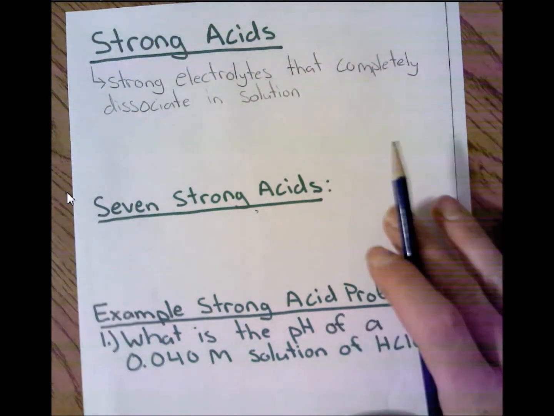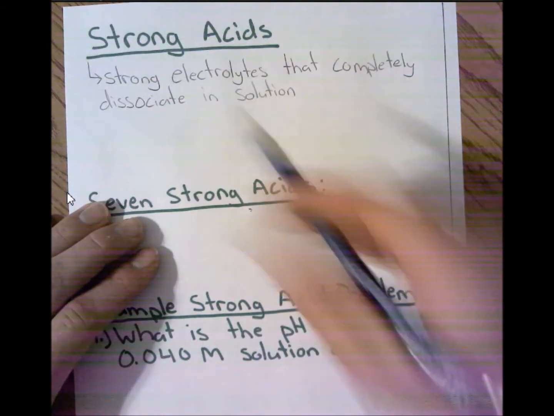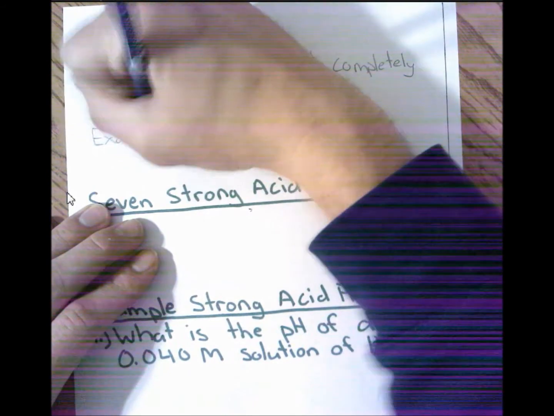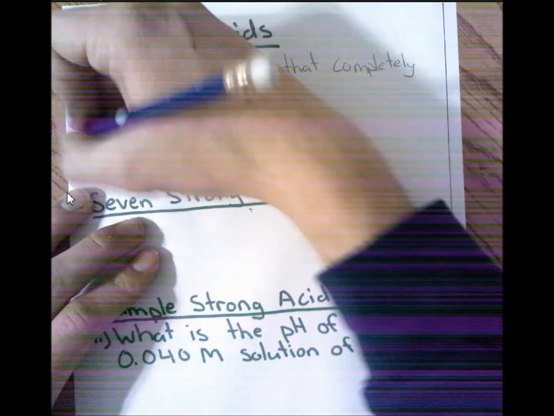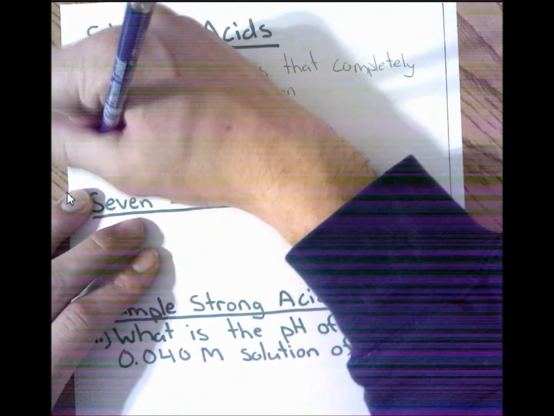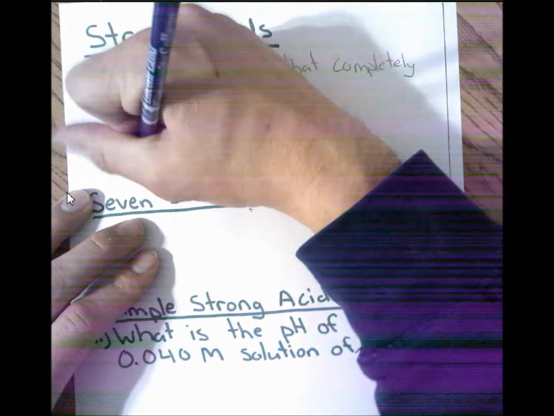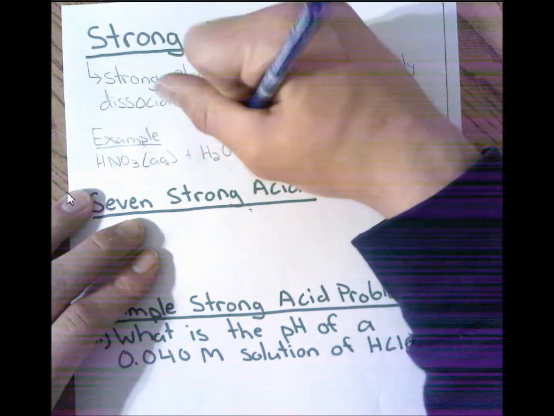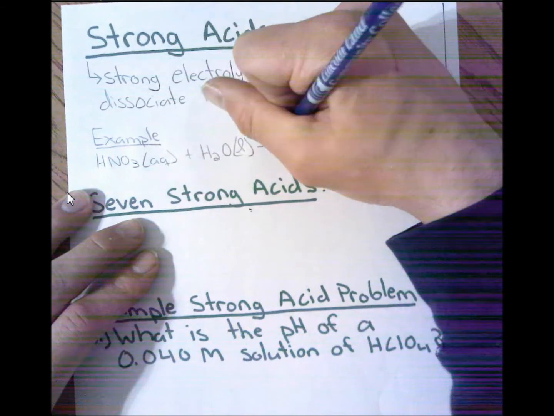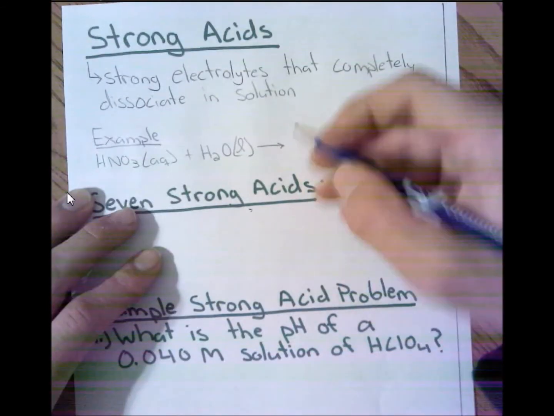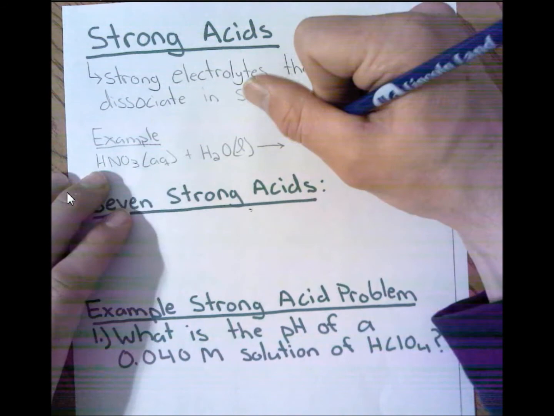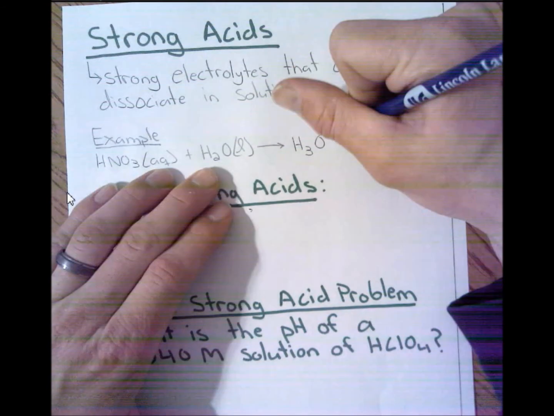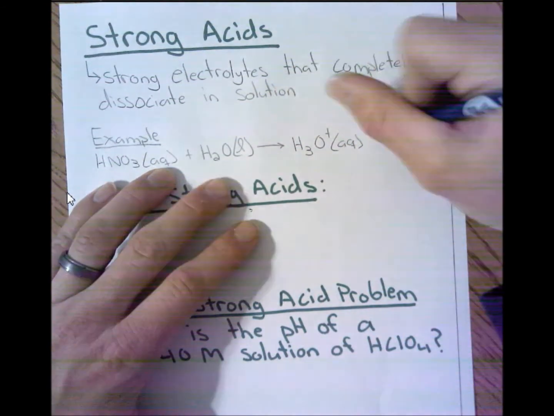So for a strong acid, I'm just going to take nitric acid, which is going to be combined with water. And what happens is this. Notice how there's no equilibrium here. All of the H's from nitric acid get donated to water to form hydronium, or H3O plus, and as the H plus gets donated, it becomes the nitrate ion.